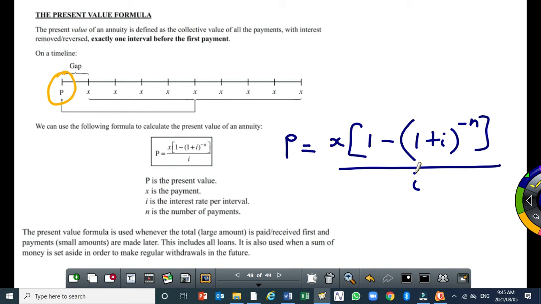For future value, this part here is a negative one, and in the compound interest part, the n is positive, but here it's negative. Also, the overall sign of that compound interest part is supposed to be positive for future value, but here it's negative. So you have to be very careful.